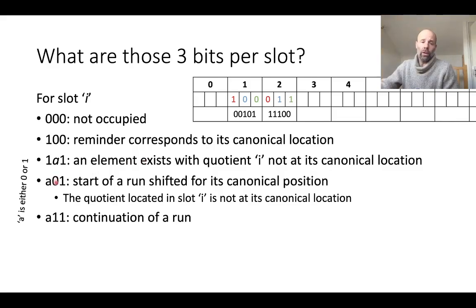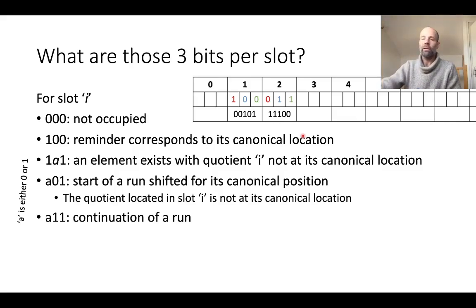If the two last bits are equal to 0, this means that we are starting a run, but this run is not at its canonical location. We are going to see some examples with this, and the same situation occurs if we have anything and 1, 1. This means that we are in a shifted run, or, well, we are in a run that is continuing, and this is the example here of address 2 for quotient 2.